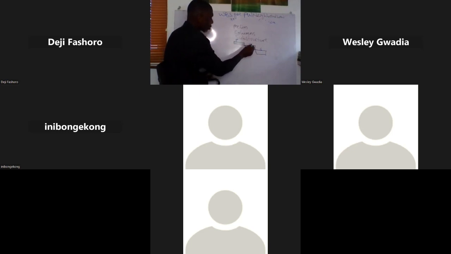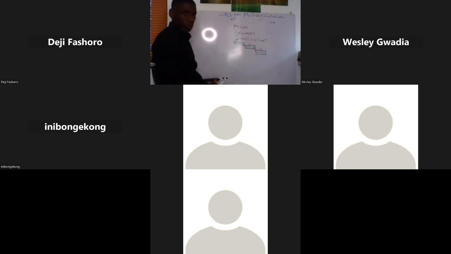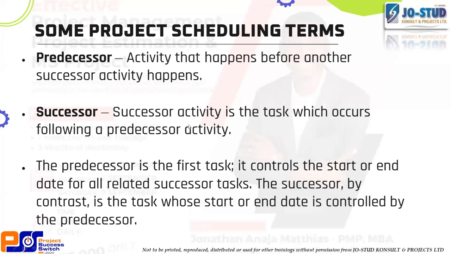Column is the successor activity. Substructure is the successor activity to what? To column. Right? So this is what we mean by predecessor and successor. So my screen is back, right? Yes, sir.